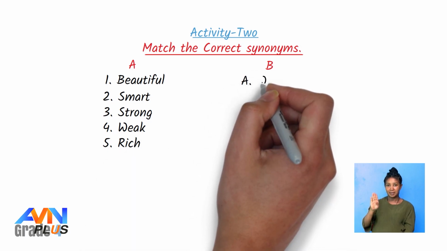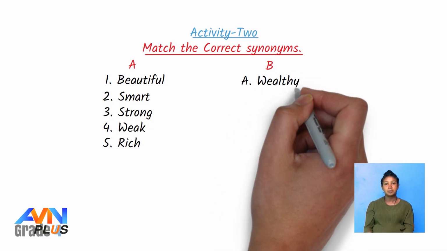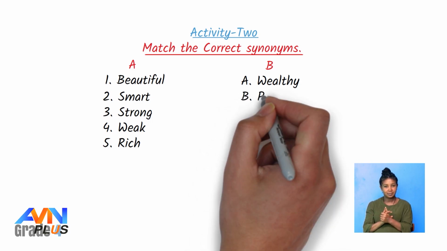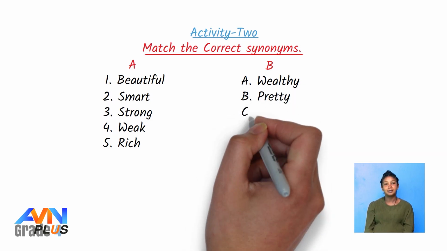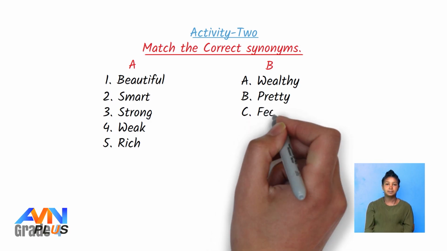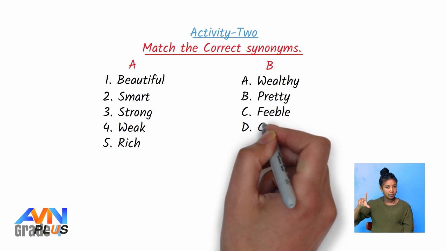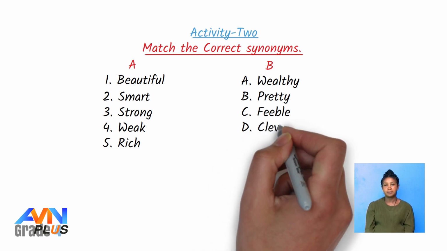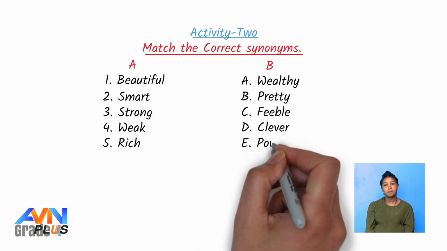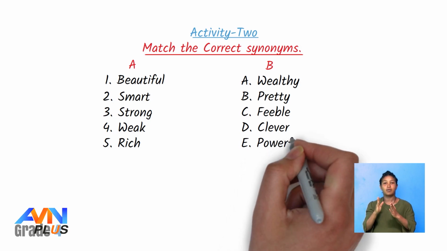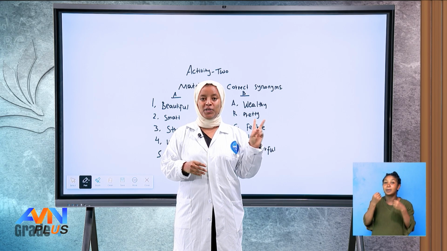Options: A, wealthy; B, pretty; C, feeble; D; E, powerful. Here is students' activity 2. Let me give you 2 minutes and I'll be back.